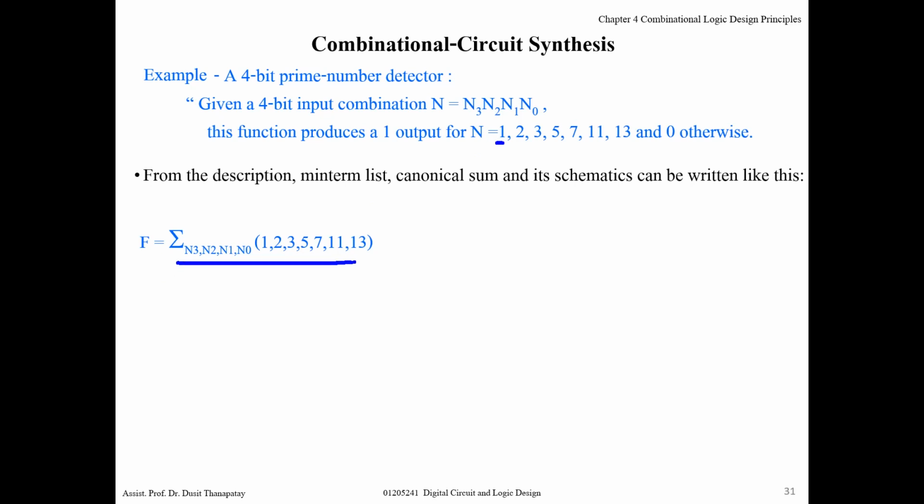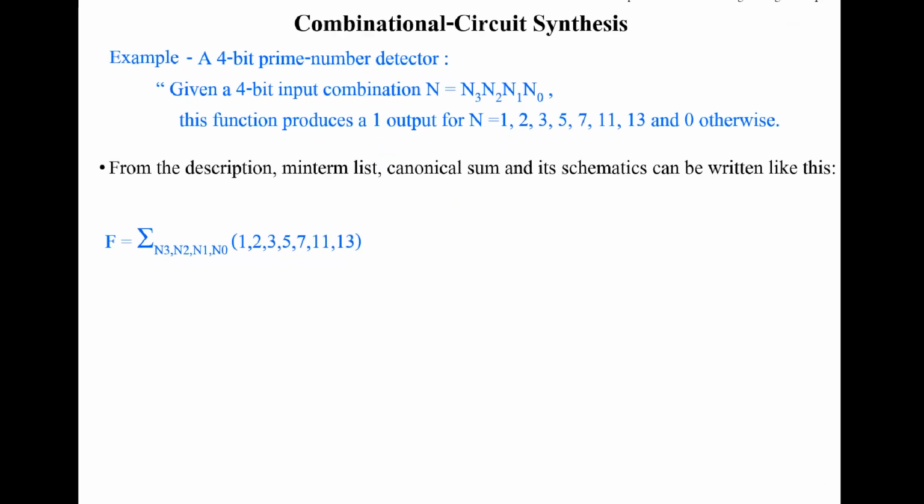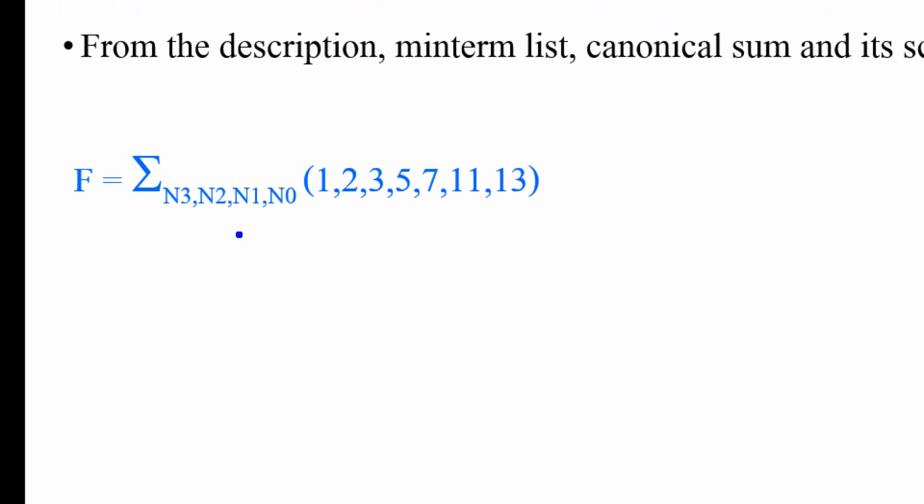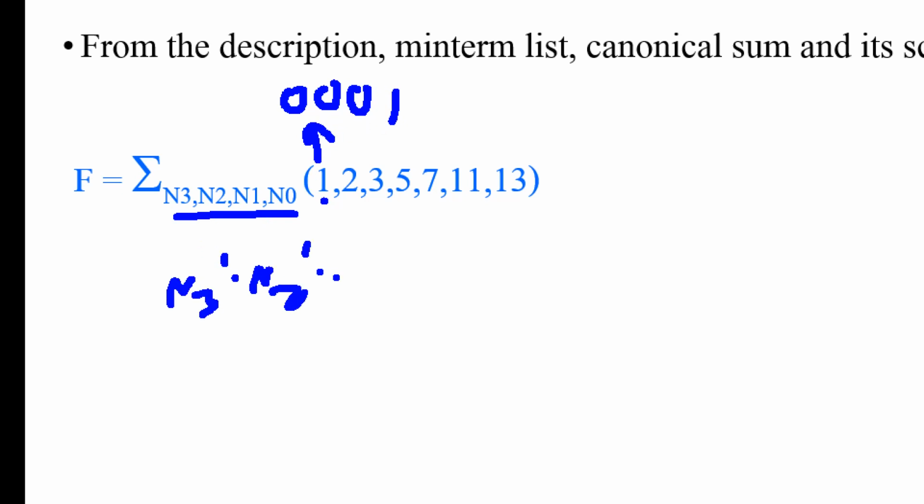In minterm list, okay? If I consider logic 1 output. So for this one, for example, 1 because of 4 inputs, right? So you can convert from decimal form to binary form, right? 1 is 0, 0, 0, 1. So minterm of this is n3 prime and n2 prime and n1 prime and n0, right?